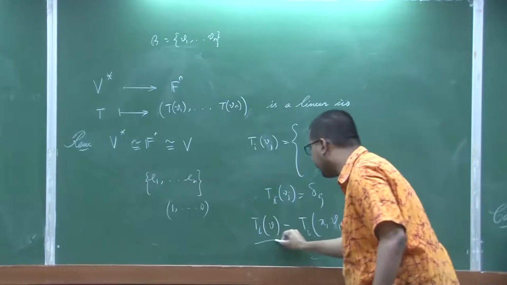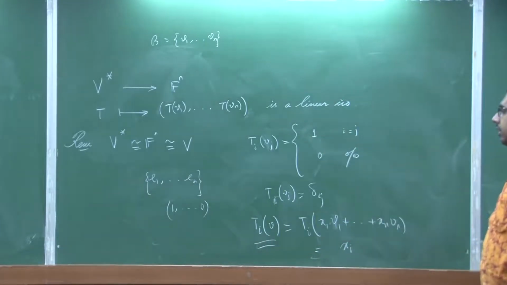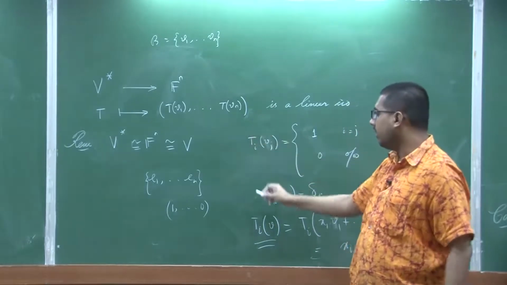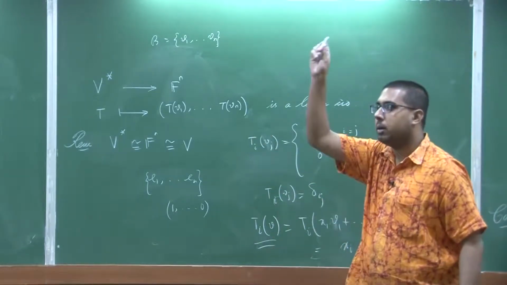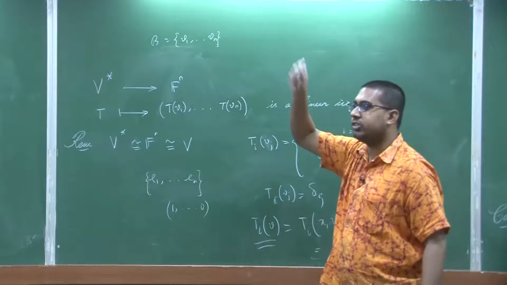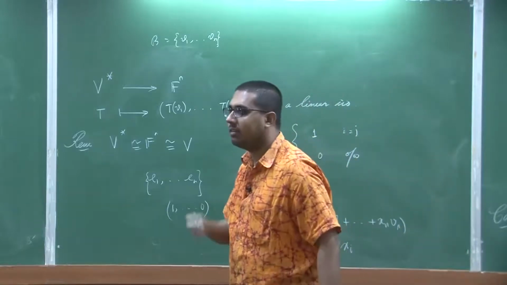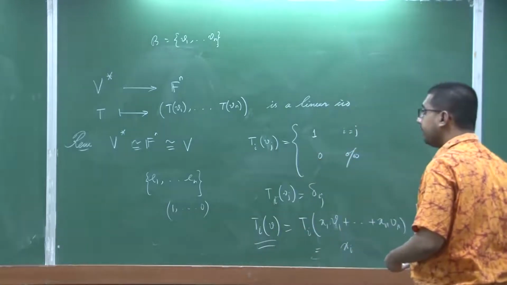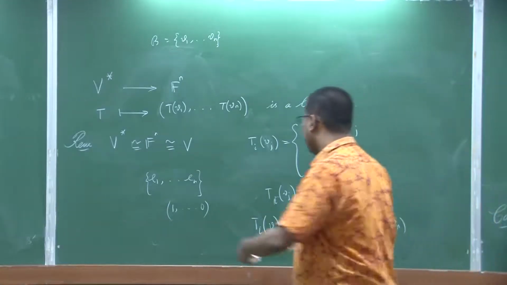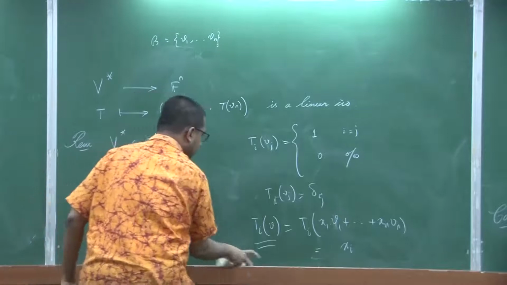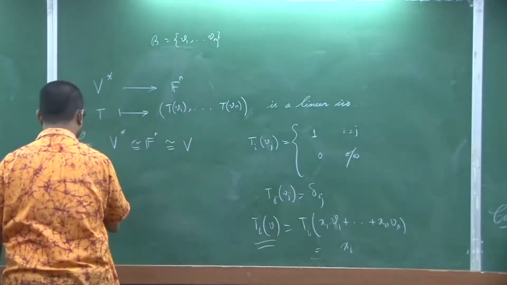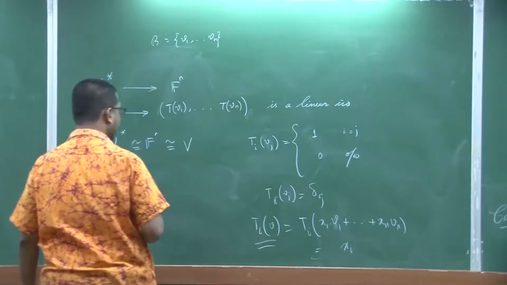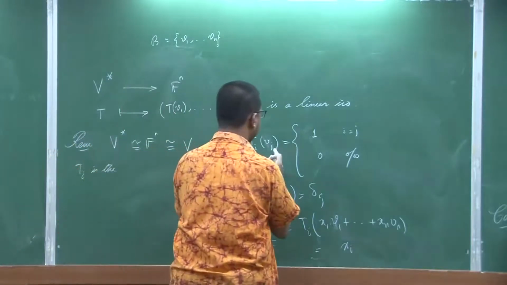So, Ti is nothing but the projection to the ith coordinate, that map, right. Ti Vj, how is that defined, try to understand.